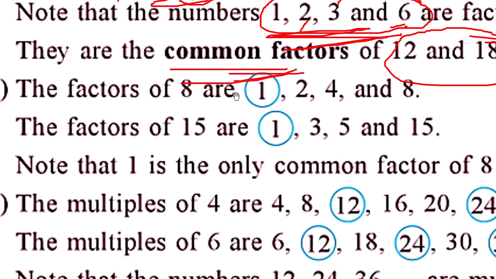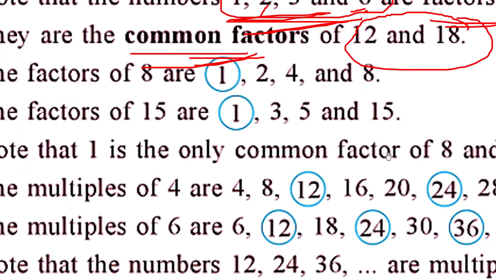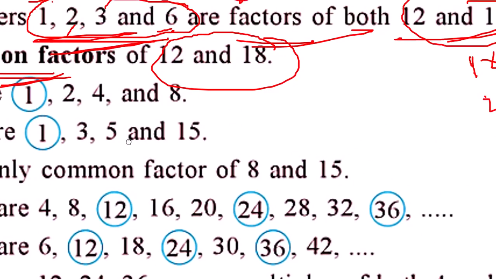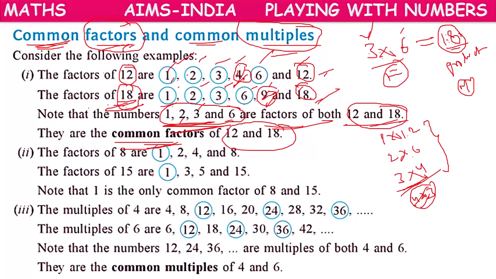Only 1 is common. Note that 1 is the only common factor of 8 and 15. So we can have one or more common factors. Sometimes we can have only one common factor. It depends on the numbers which we have taken.